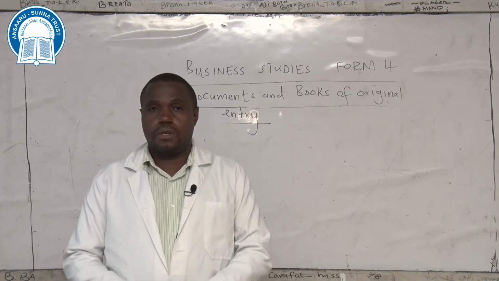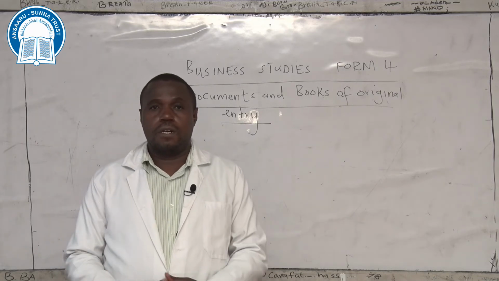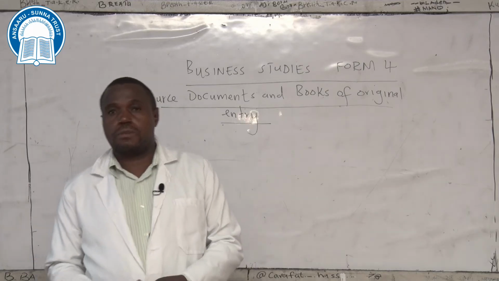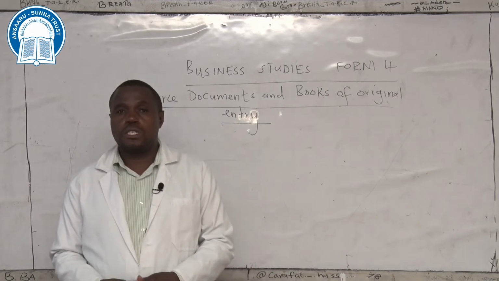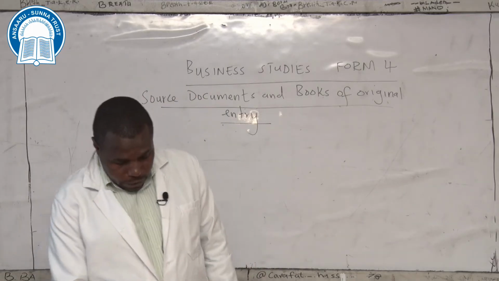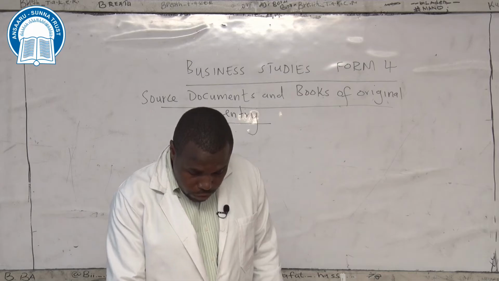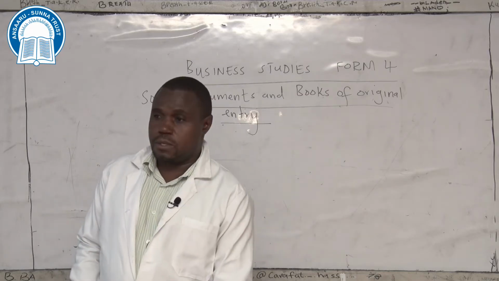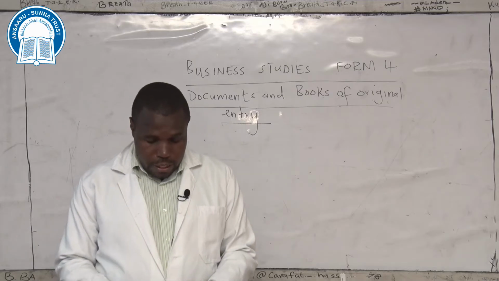An example of source documents is, for example, cash receipts. That is produced by the seller when goods are bought on cash basis. So here I'm going to at least list some of them so that we discuss one by one.